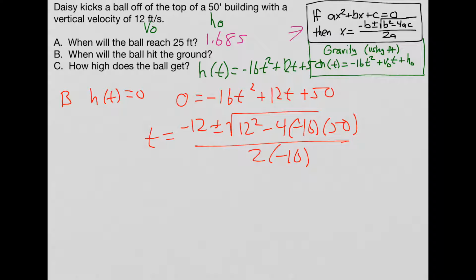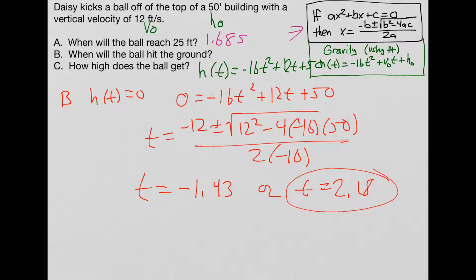But I got that the time is a negative 1.43 or 2.18. And again, we're going to take the positive time because we can't say it hit the ground before we kicked it. So this is 2.18 seconds. But I'm going to keep an eye on this other time because that's going to help us with part C, as we did on that last example.